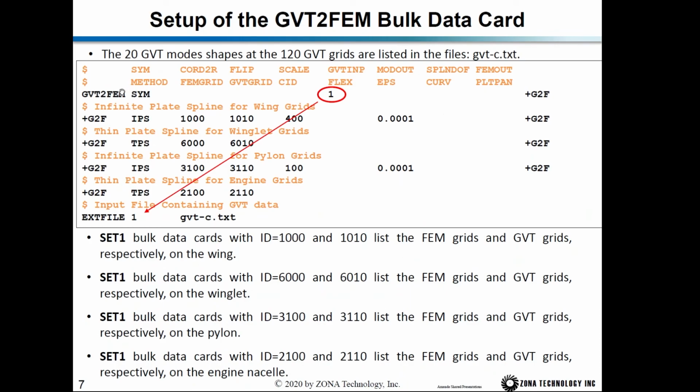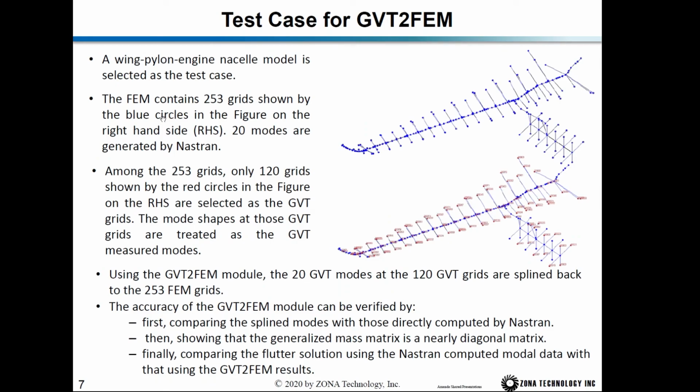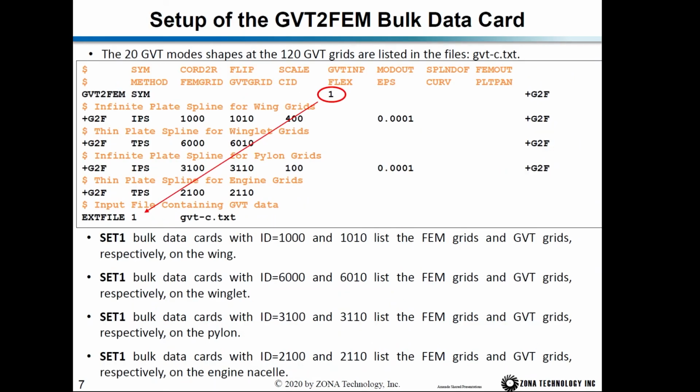So we have a GVT to FEM, and the mode is a symmetric mode, and this one refers to a file. In this file, it contains the GVT measured data. Then, because we have a winglet, the engine nacelle and the pylon, we use the infinite plate spline method for the wing grid, and 1000 and 1010 list the FEM grid and GVT grid on the wing.